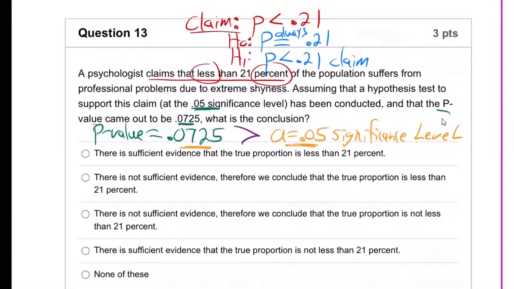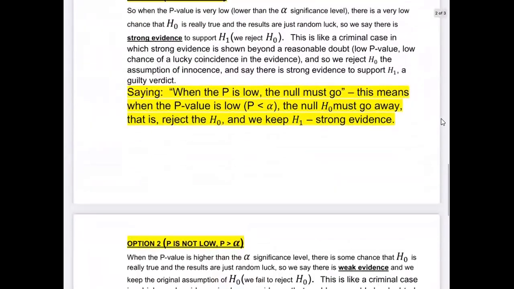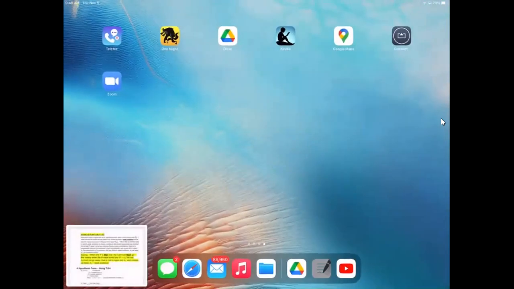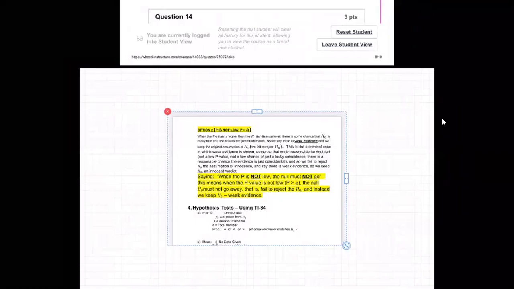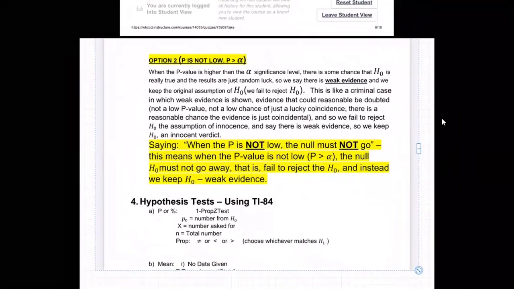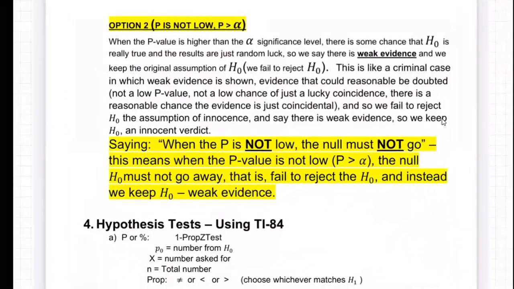Well, again, you can go back to the notes. That's why I provided these for you. And that's going to be option 2 right there. Let me bring it over where I can write on it for you. All right, option 2.